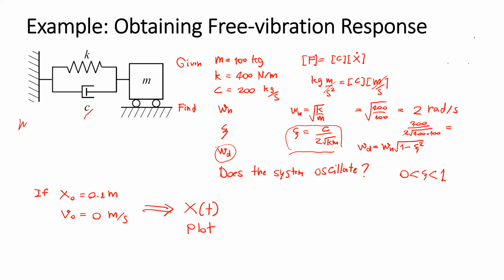So we get 100 divided by 2 times 100. In this case, the damping ratio is equal to 0.5. So in this problem, the system oscillates because the damping ratio is between 0 and 1, and the vibration will be underdamped free vibration.